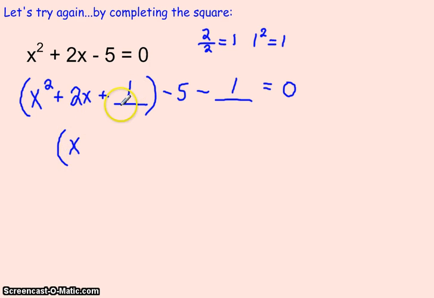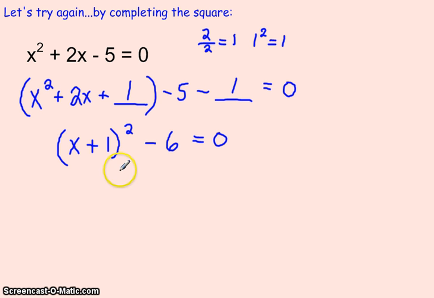Well, the number we squared to get 1 was 1, so this is x plus 1 squared. And then minus 5 minus 1 gives us minus 6. And this all equals 0. So it's kind of like we put it in vertex form and then set it to 0, not much different than what we did before.